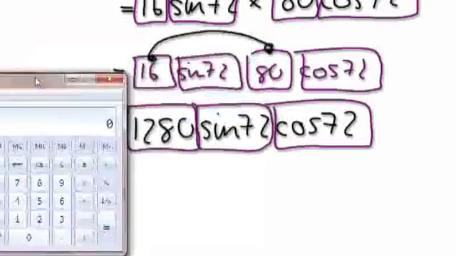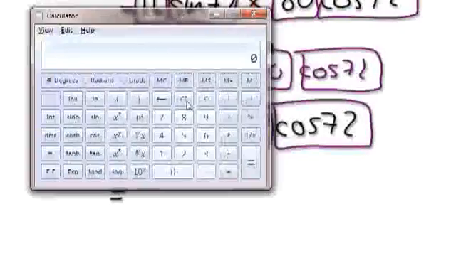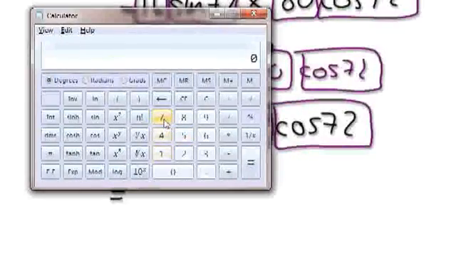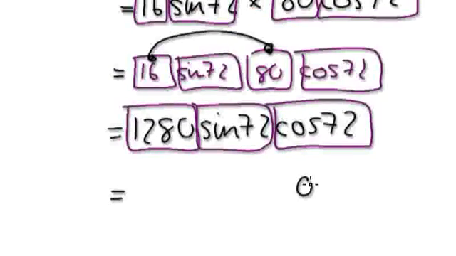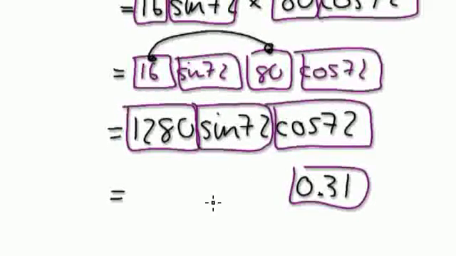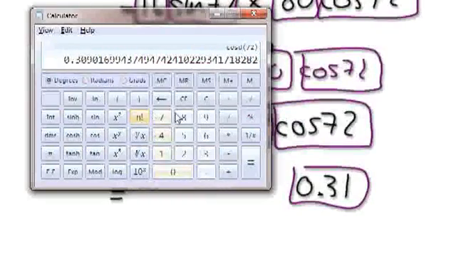So clear this. So let's work out cos 72. Well, it doesn't matter how you do this. Just do it. Cos this. This is going to be ugly. I hate this calculator. Hang on. So cos 72 is 0.31. Okay. And then let's do sine 72.